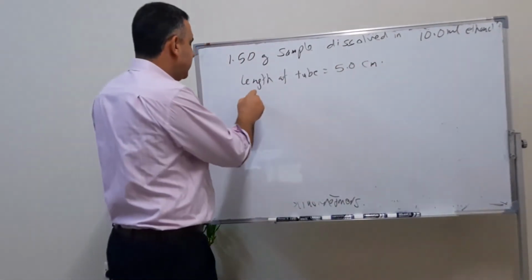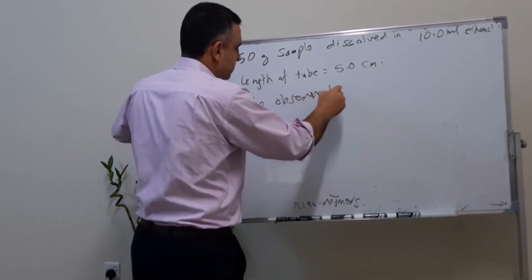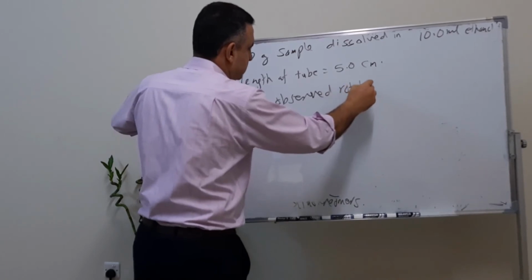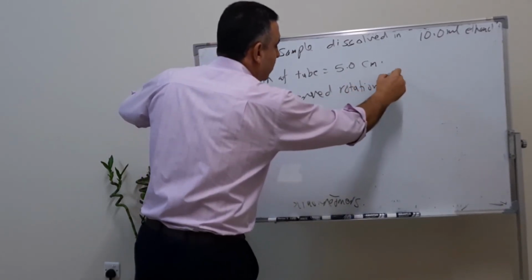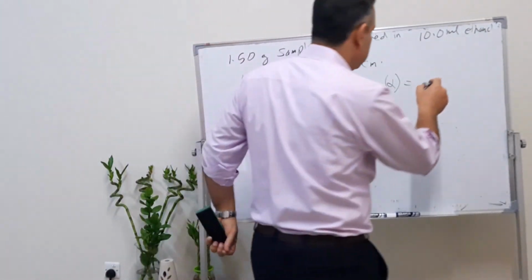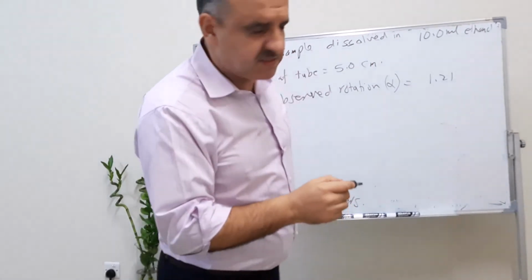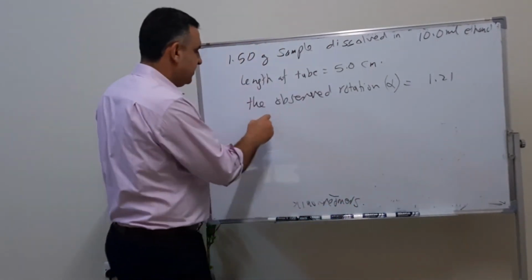The observed rotation, alpha only, is equal to 1.21 degrees. Calculate alpha D.